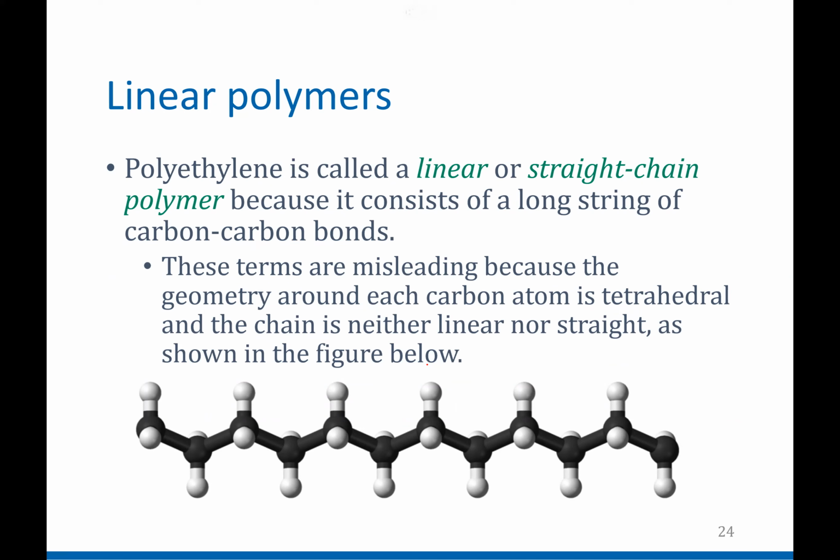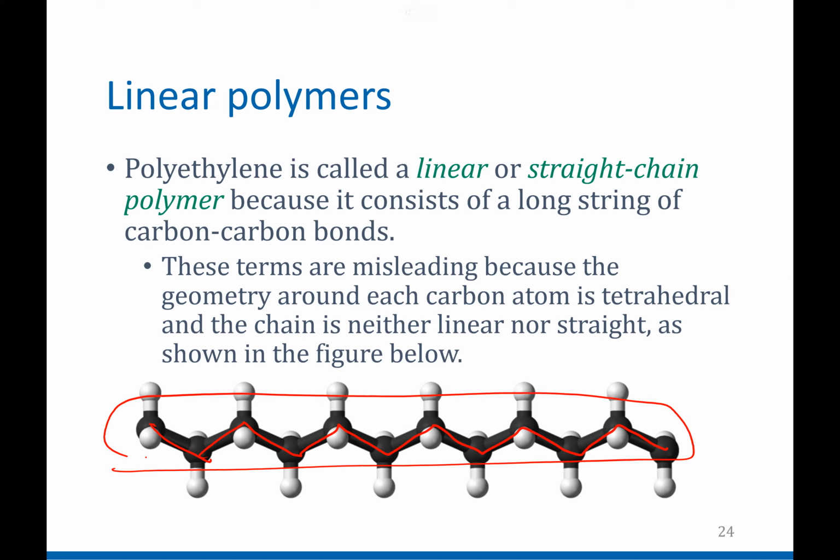A linear polymer is a straight chain polymer. It's in a line. Now, when I say a line, remember the way that the bond angles work for alkanes. That there's angles in here, but it's just one long chain. There's no branches. There's nothing too crazy here. It's just one long chain.